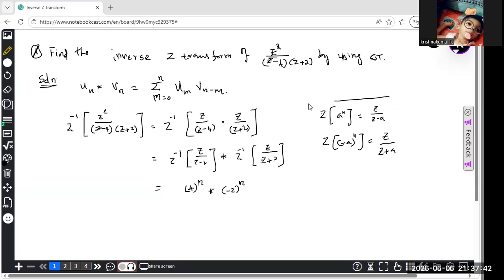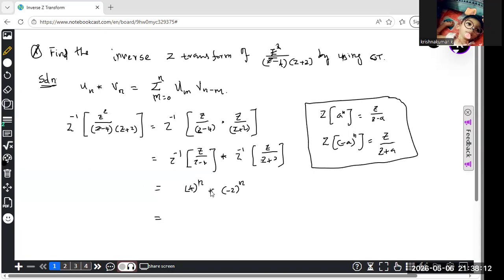So if you have minus here, then the inverse Z transform of that function will be a power n. If you have plus, then the inverse Z transform of this function is minus a power n. So we use this formula, then you can get this expression for the inverse Z transform of this function and this function.